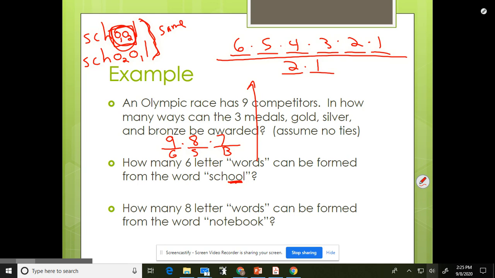The next one, the word notebook. Now we have 3 O's repeated and no other letters, so we're good there. I'll mention what we can do if that does happen. My numerator is 8, since it's 8-letter words and I have 8 letters to choose from.